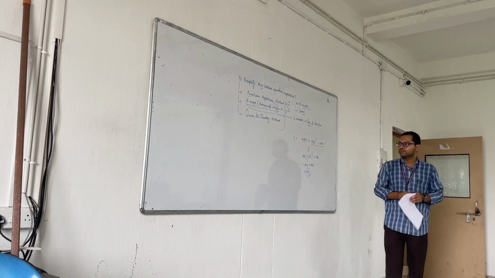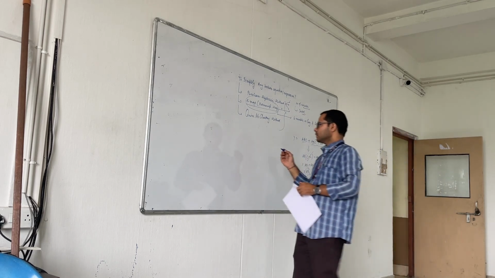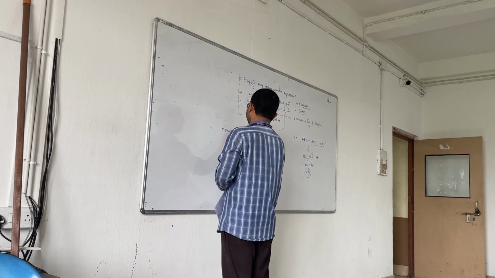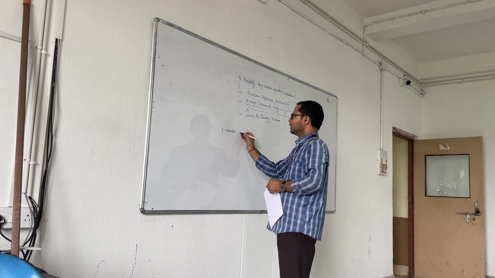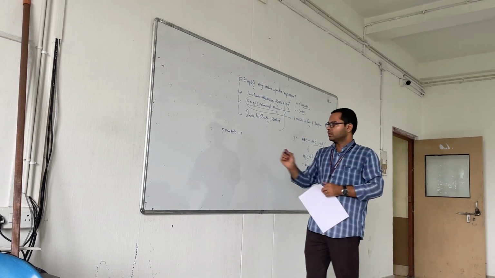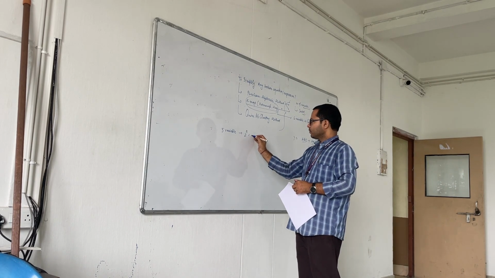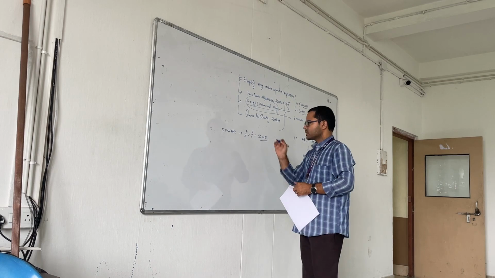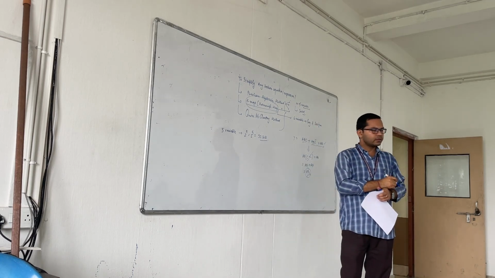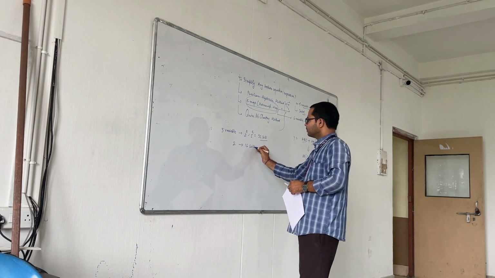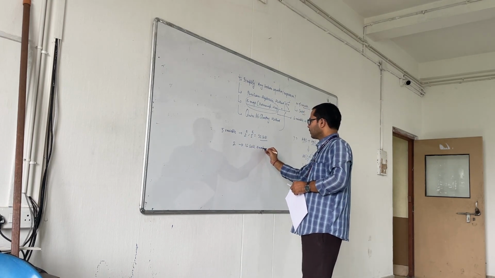For example, if there are 5 variables in an equation, how many cells will be there? 2 to the power n, that is 2 to the power 5, that is 32 cells K-map is required. 32 cells means two 16 cell K-maps, right?